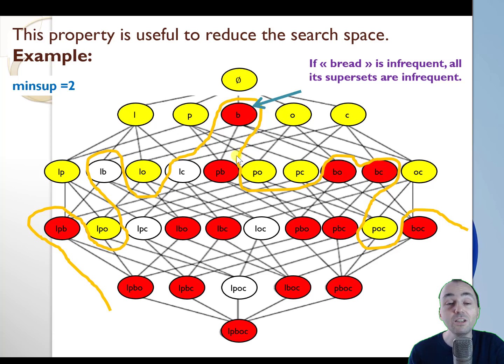So all these item sets in red color here, like pasta bread, bread orange, bread cake, and so on, cannot be frequent, because they all contain the bread. So using this simple property, you can eliminate a lot of combinations.